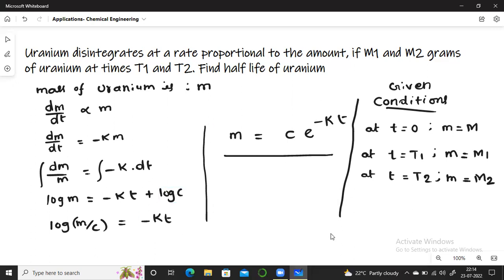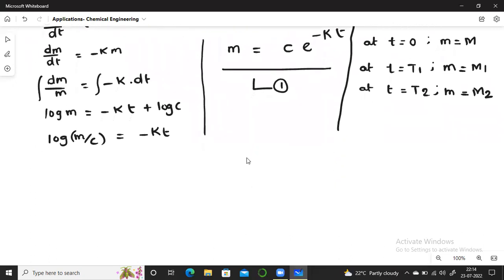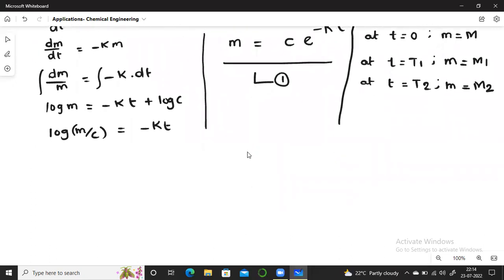So now we can use this. At t equal to 0, you can substitute. Small m is equal to capital M only. So this is equation 1: m is equal to c into e to the power minus kt.